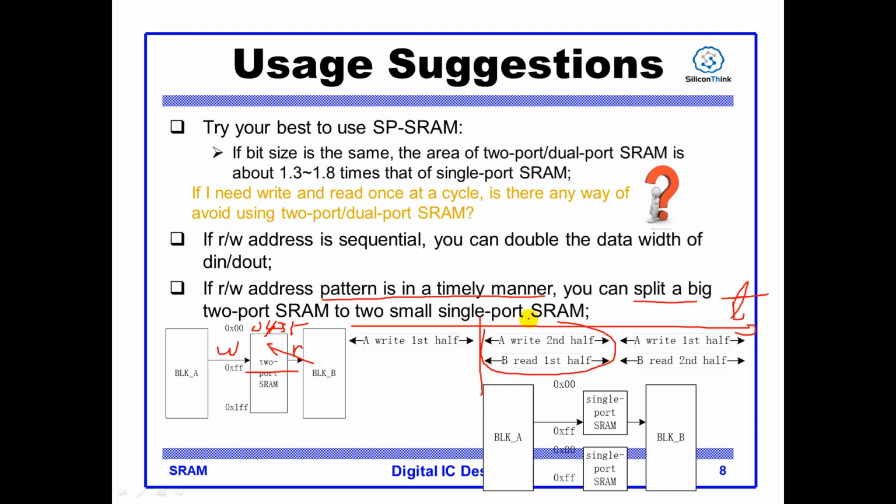For example, for this time, block A writes to this one, and block B reads this one. And for this time, block A will write to here, but this is not read. Block B will read this one. This is a commonly used method to use single-port SRAM to replace 2-port SRAM.